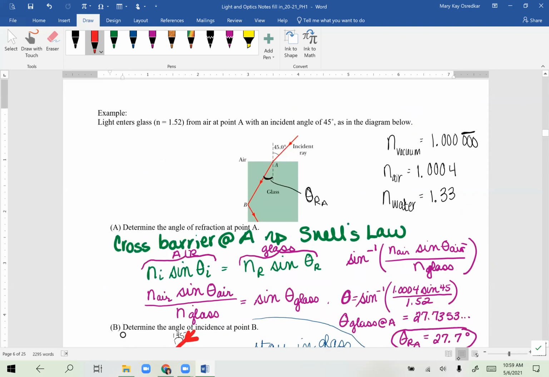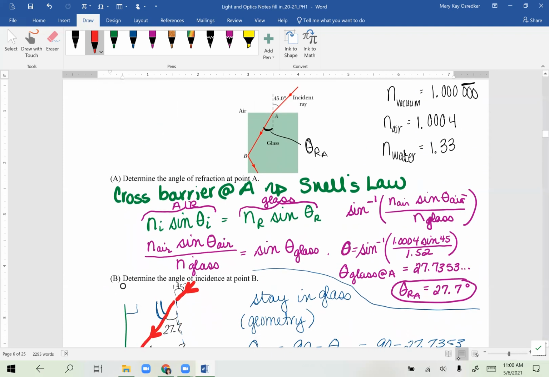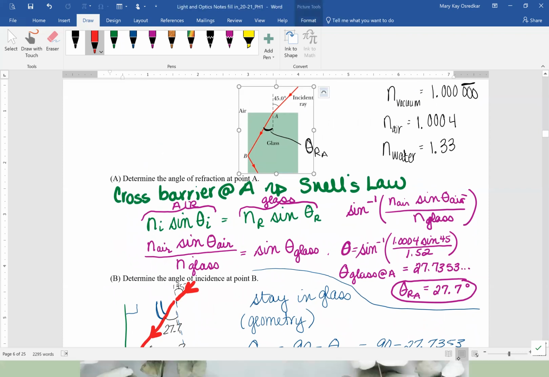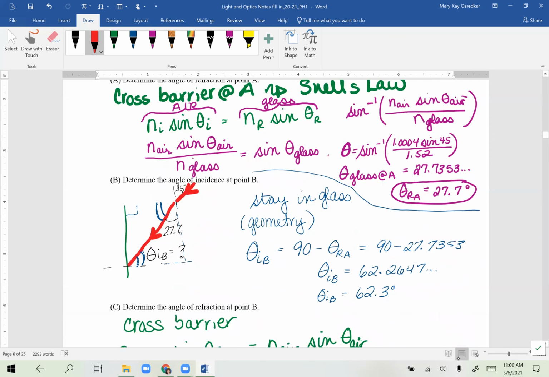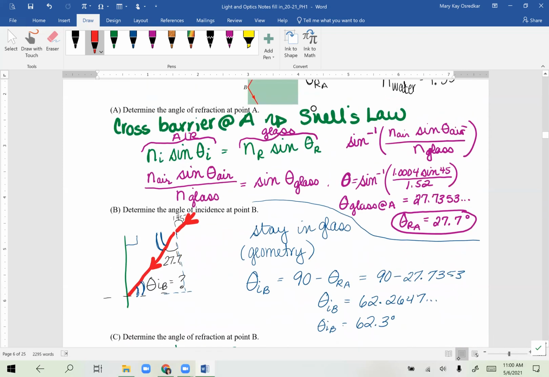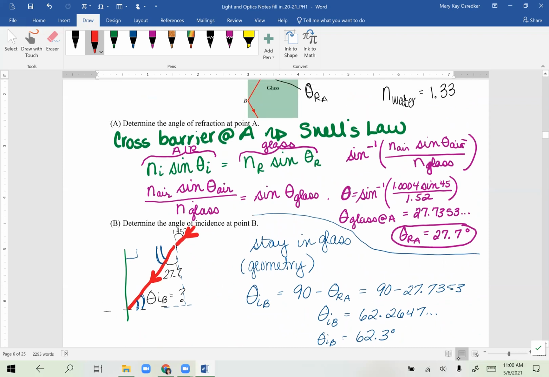Air, it started in something where n was very small, right? Small n, big theta, yes? Do you guys see that? Then we go to big N, and what happened to the angle as we went across at A?